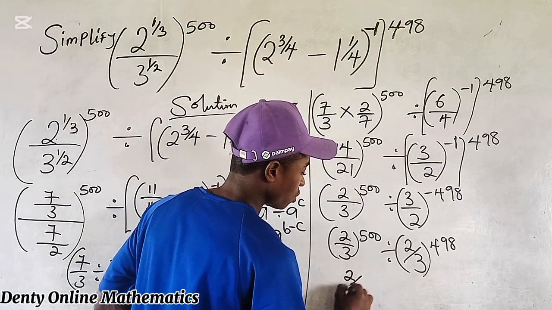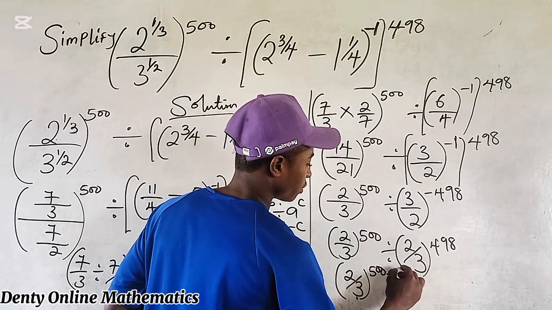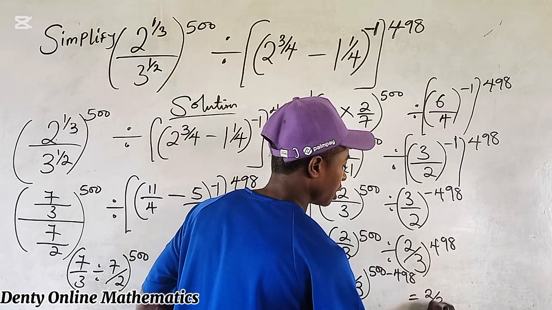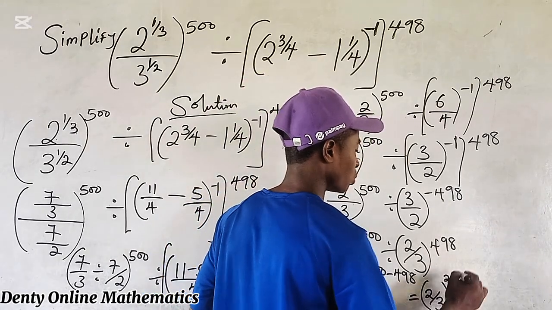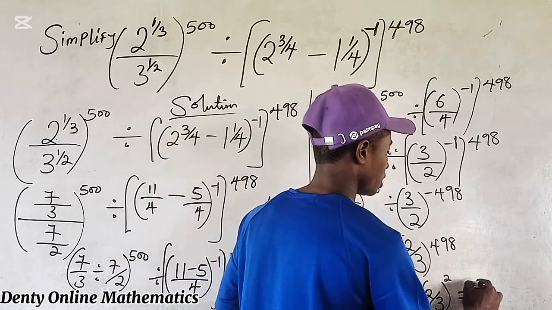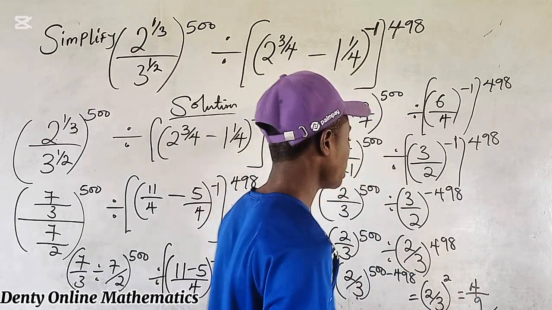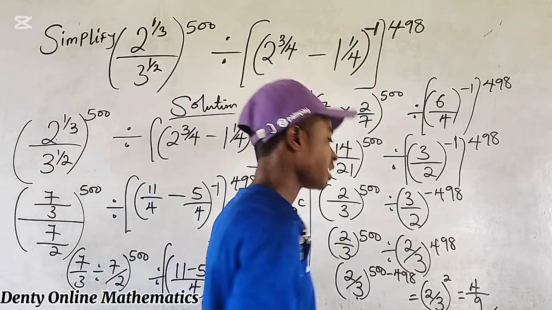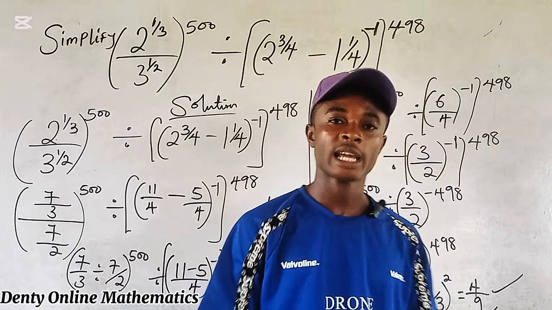So I have 2 over 3 raised to the power of 500 minus 498, which is 2 over 3 raised to the power of 2. The 2 affects everything. So 2 squared is 4, 3 squared is 9. So to simplify the whole of this expression, our final answer is equal to 4 over 9.